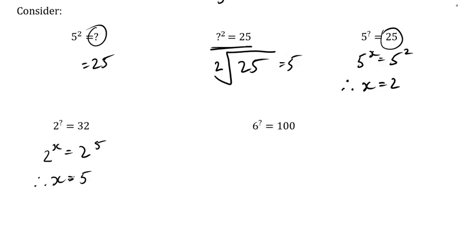But what about the other one? 6 to what exponent would give me 100? What is 6 squared? 36. What's 6 cubed? 216. Nice. So it's somewhere between those two, closer to the 2 than it is to the 3.